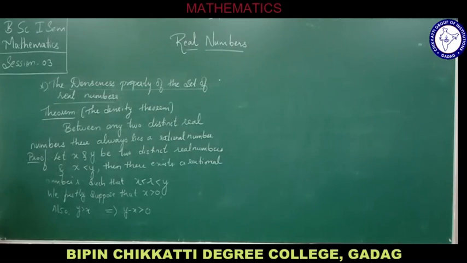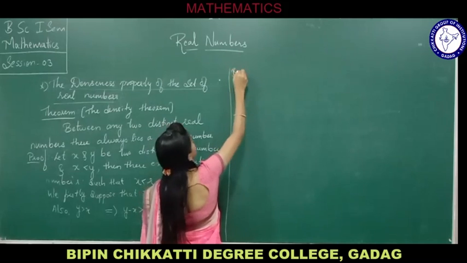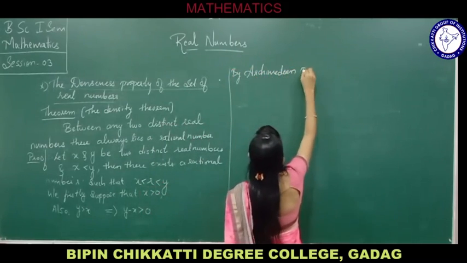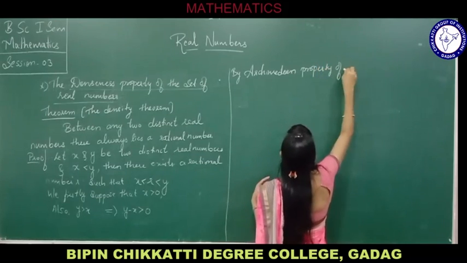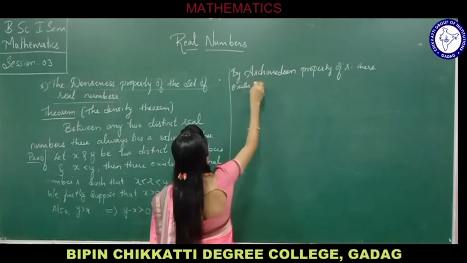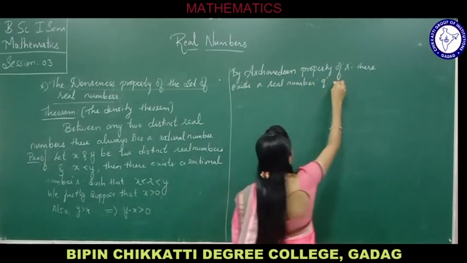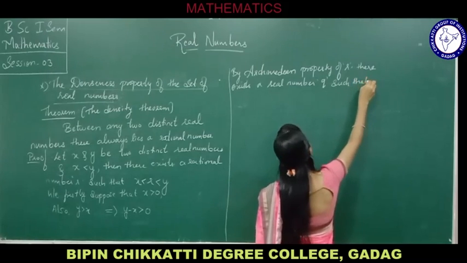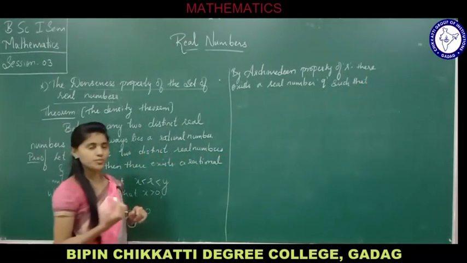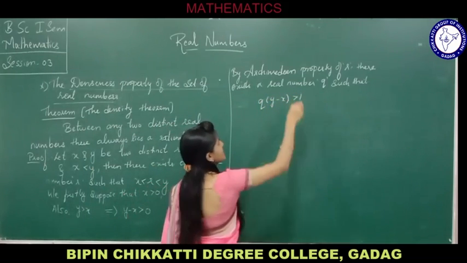Now, by the Archimedean property of R, there exists a real number q such that q into (y minus x) is greater than 1.